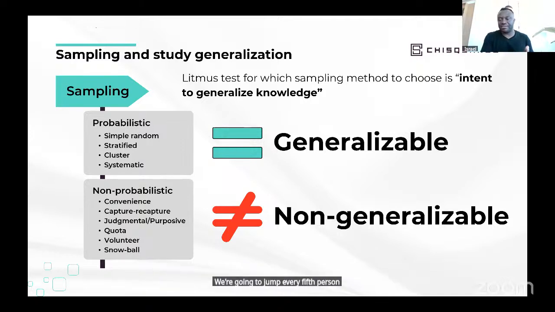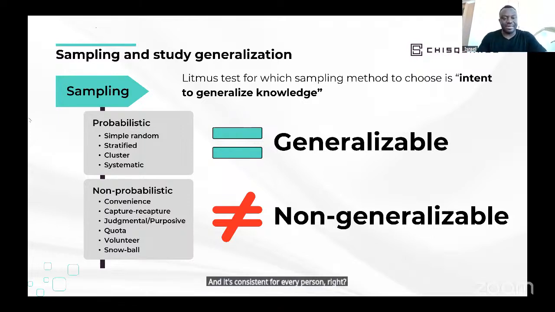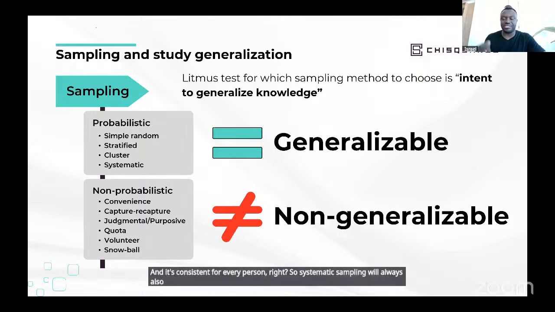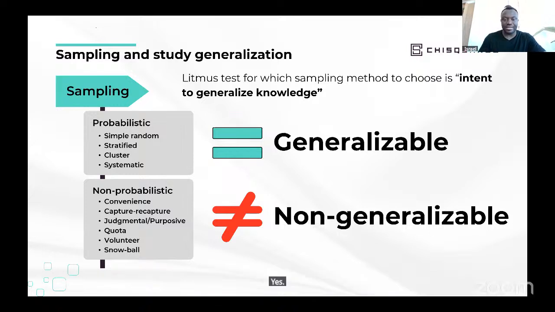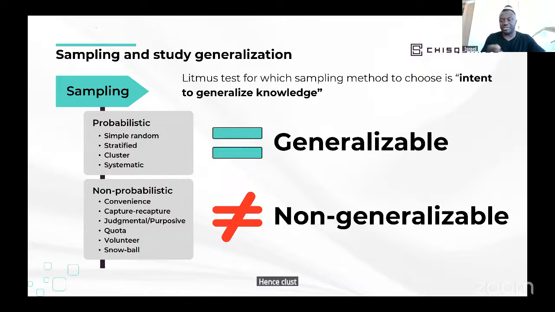That means the probability of selection is 1/5, and it's consistent for every person. So systematic sampling will also always give us equal selection probabilities. All right, now let's get into the tricky waters. What of cluster sampling? Can cluster sampling give us an equal selection probability? Yes or no?